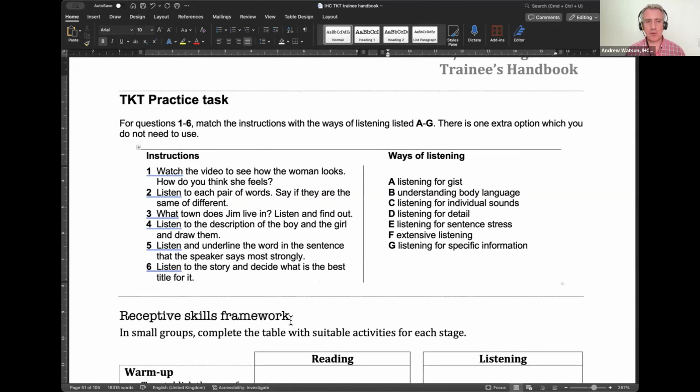Should take you about 4 minutes. I'll set the timer. And after we're done this, we go for our break, okay? So 4 minutes starts now. Because this is going to come up on the TKT, so we need to be ready for it.